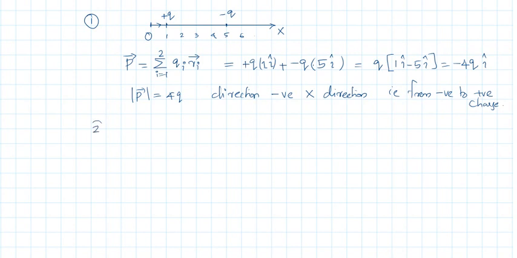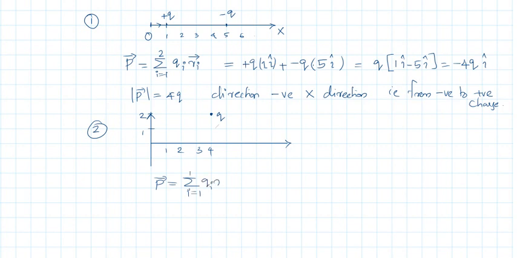Okay. Now, suppose you have a single point charge q here, at x equal to 4 and y equal to 2. For this point charge q, what is the dipole moment? Dipole moment P is the sum over i of qi ri, and here we have only one charge.